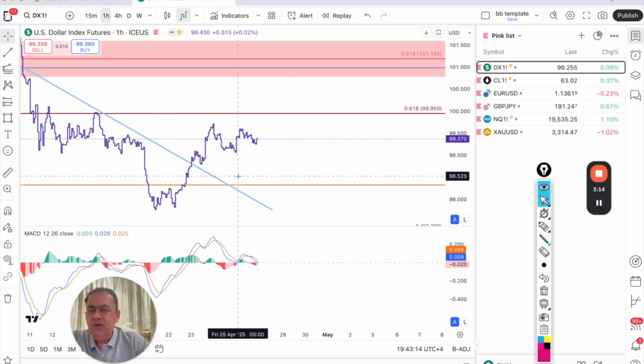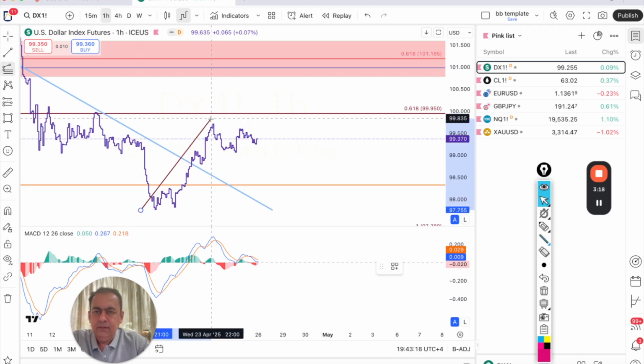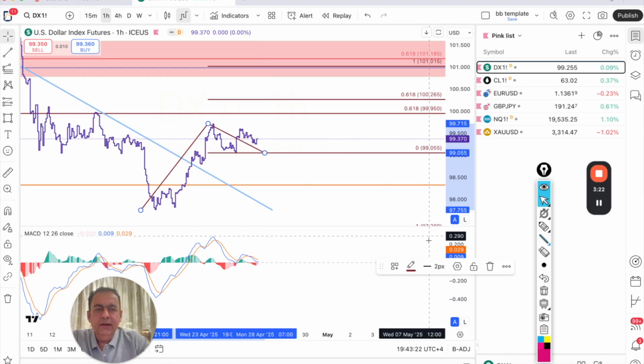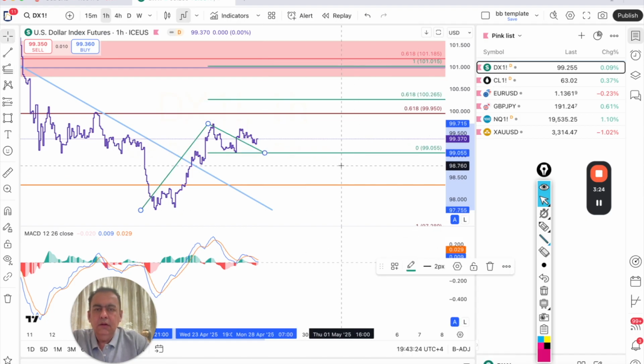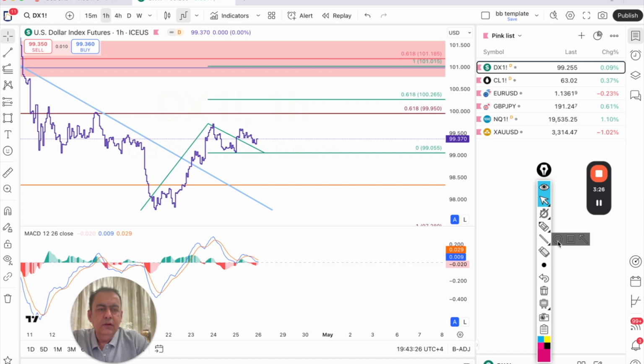Here I'm going to take my first bullish fib extension on one edge. Applied, let it be green, and the first bullish target for dollar index is 100.26, followed by 101.01.